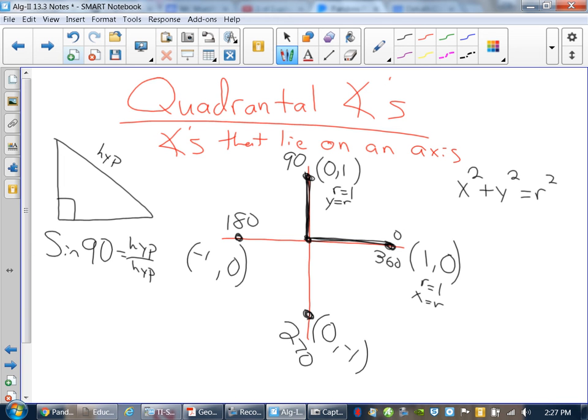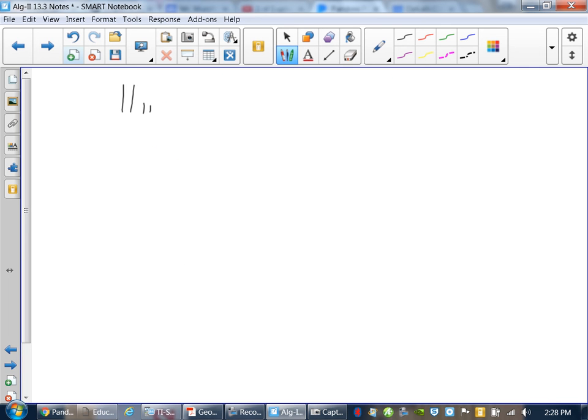For example, if I want to do 11 pi over 4. I'm sorry, 11 pi over 2. If I wanted to figure out the 6 trig functions at 11 pi over 2, first thing I would do is figure out where does 11 pi over 2 land. And you guys have drawn that the other day. So if I go 11 pi over 2, 2 goes into 11 how many times? 5, and how many are left over?